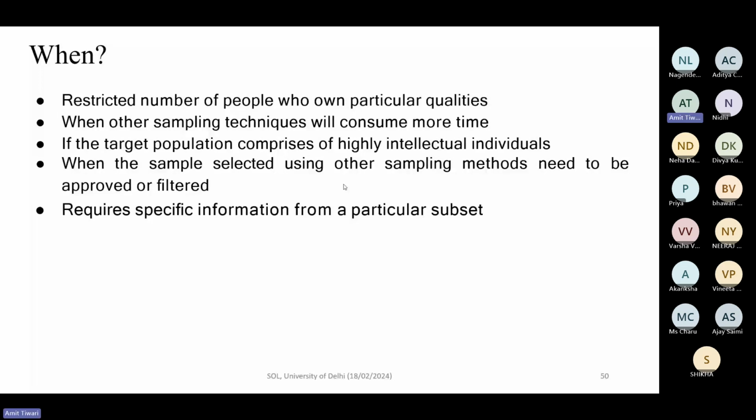Purposive sampling can be used if your target population is highly intellectual individuals, okay. So certain kinds of biasness can be mitigated. Suppose you want to study something, and you have chosen the intellectuals or the people who have a vast experience about that particular phenomenon.